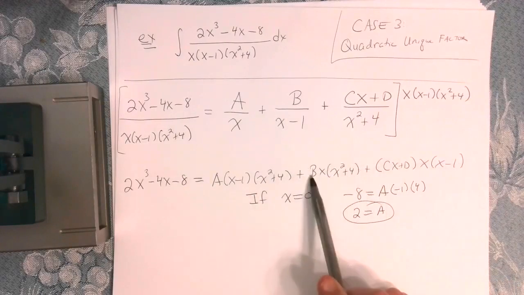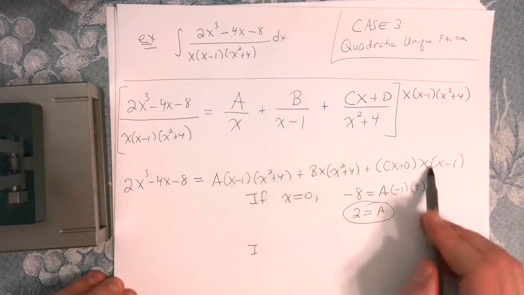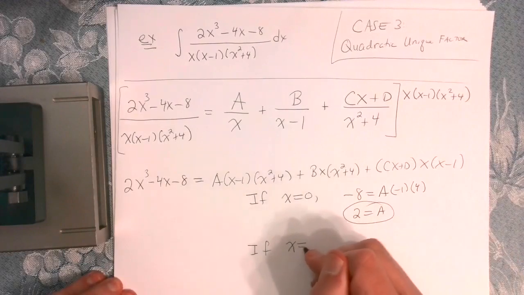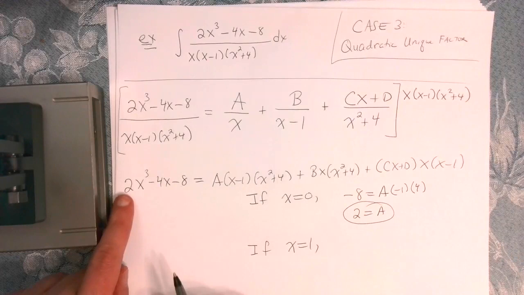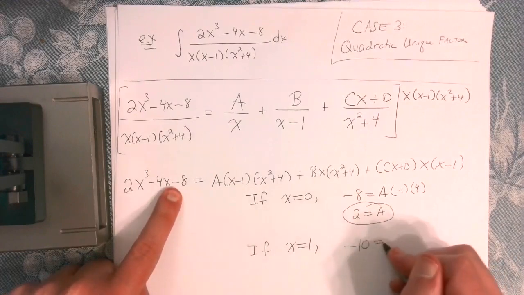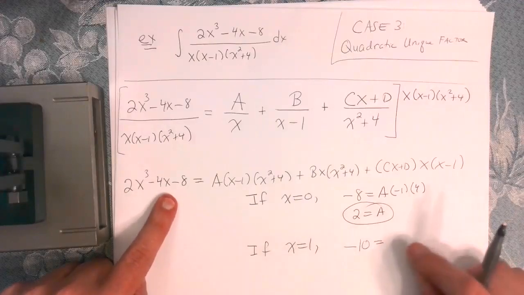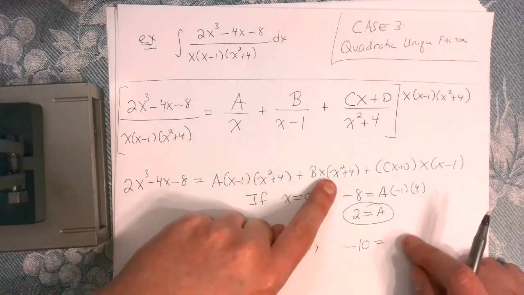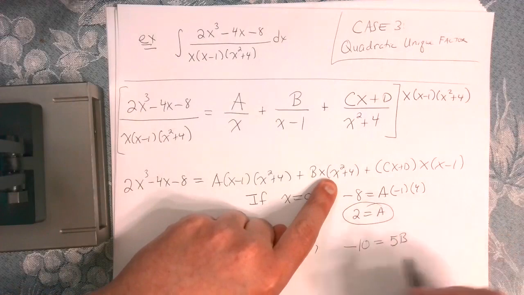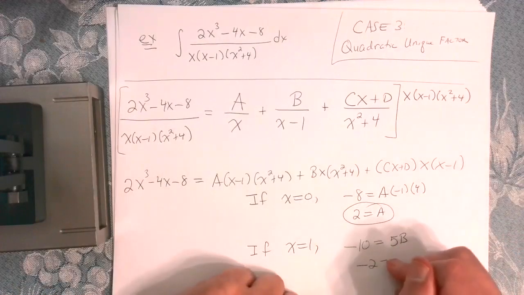That would allow me to solve for B. So let's choose x equal to 1 because it makes the terms we want drop out and allows me to solve for B. So if x is 1, I get 2 minus 4 minus 8, which I think is negative 10. Double check me on that. Yeah, we're fine there. And then if x is 1 here, it looks like 5B. I'm plugging 1 in for all the x's here. And so that forces B to be minus 2.